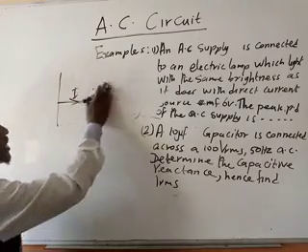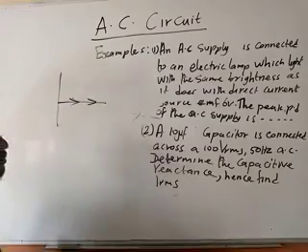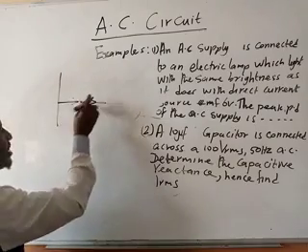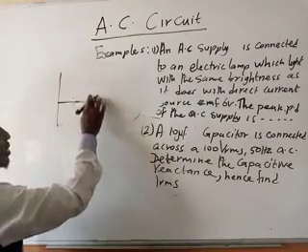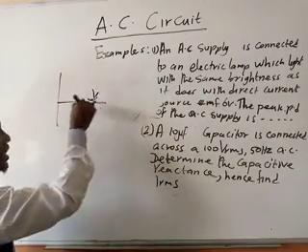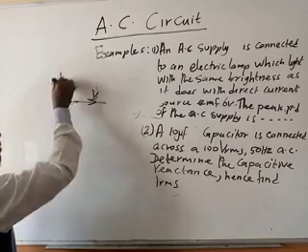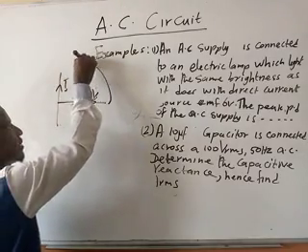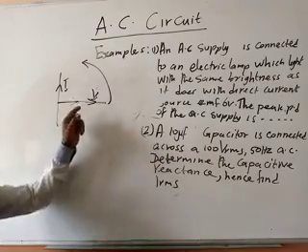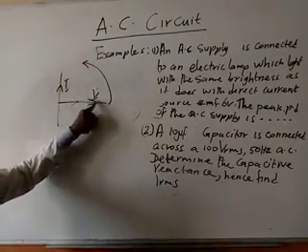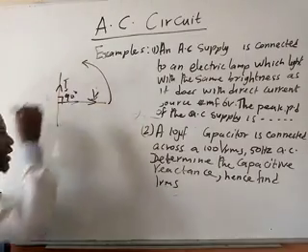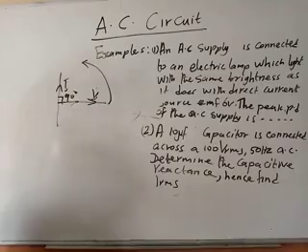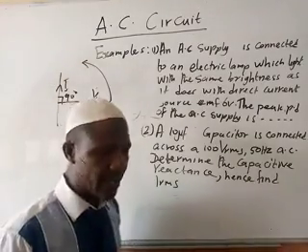But in the case of a capacitor in the circuit, the current will lead. If voltage is here, then current will lead, so current will be here, and they are going like this. This shows that current leads voltage by 90 degrees. That's all.